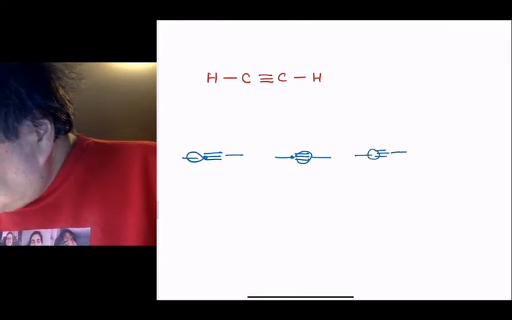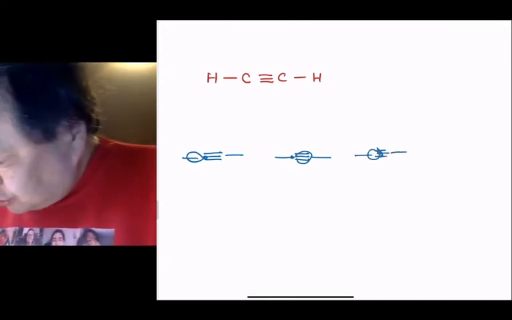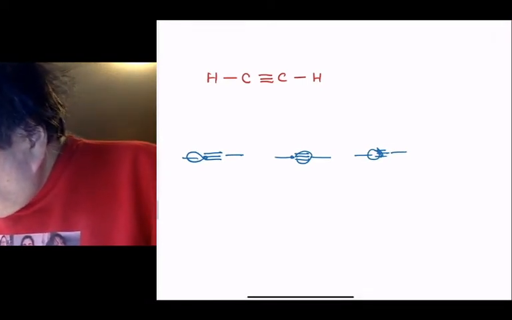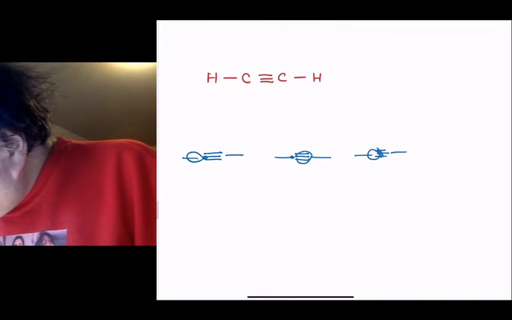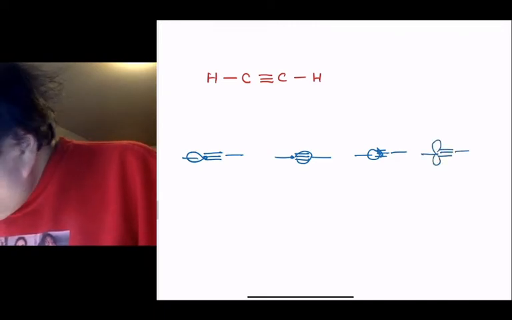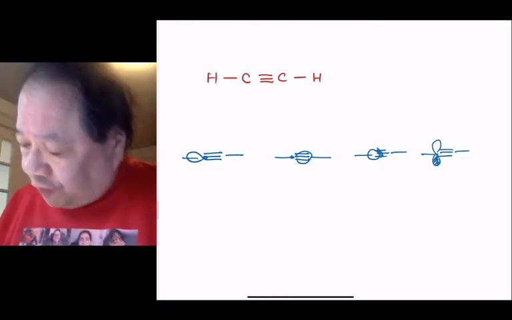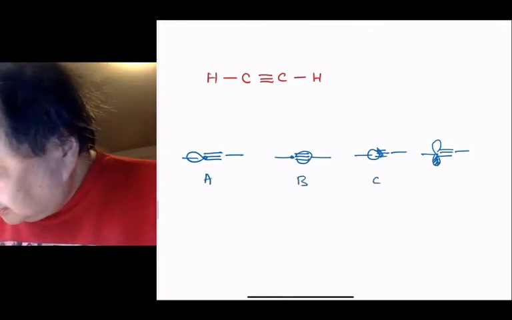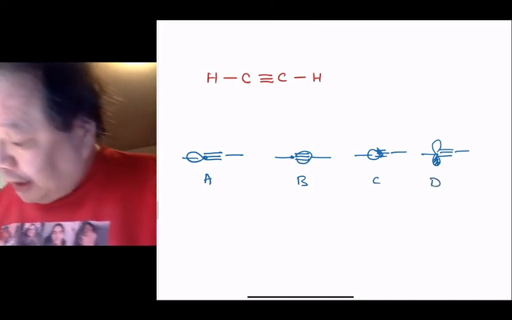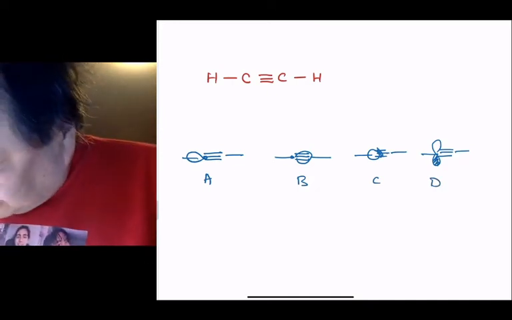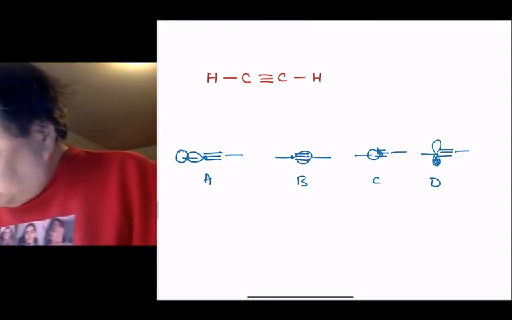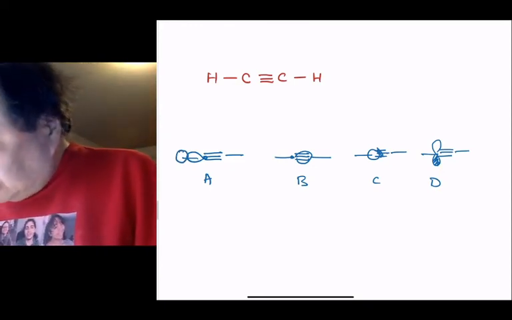I have the two remaining p orbitals shown here and here. And it's clear for this A, B, C, and D. It's clear that A can make a bond to this hydrogen over here, but what about B, C, and D?